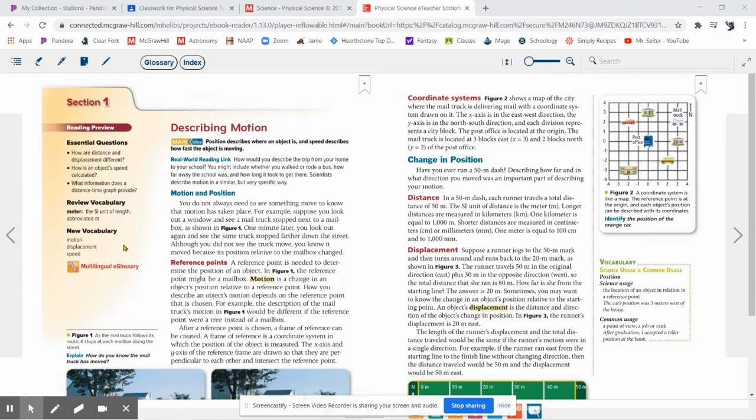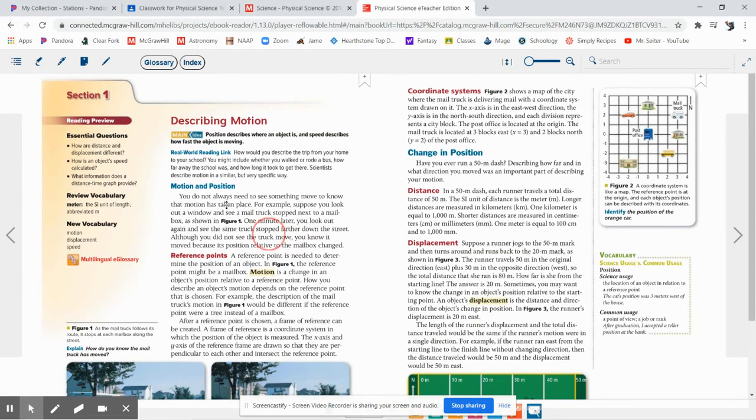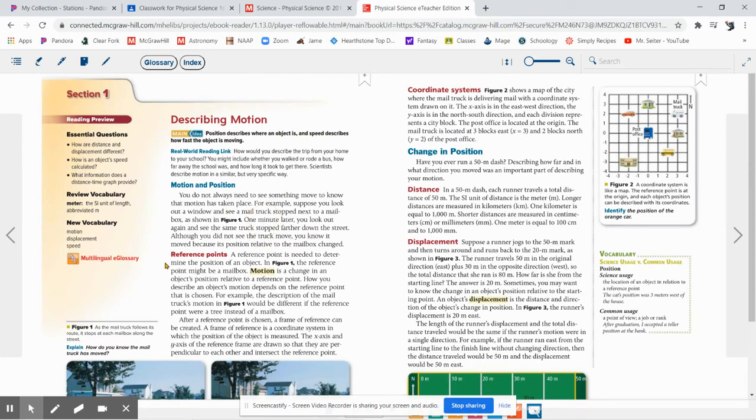All right. So describing motion, motion and position. Right here at the beginning, you do not always need to see something move to know that motion has taken place.